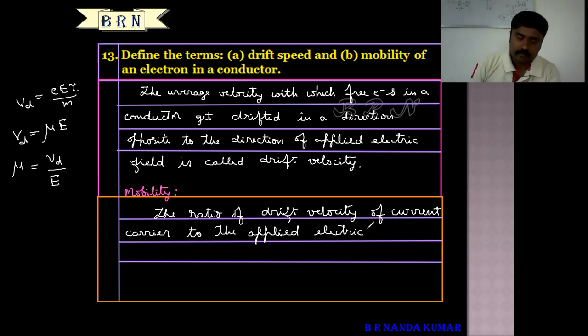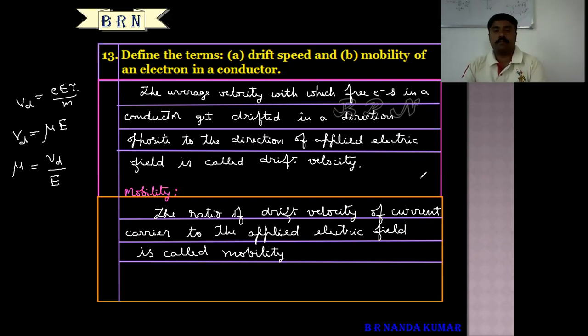That is called mobility. So mobility is a ratio of drift velocity of current carrier to the applied electric field.